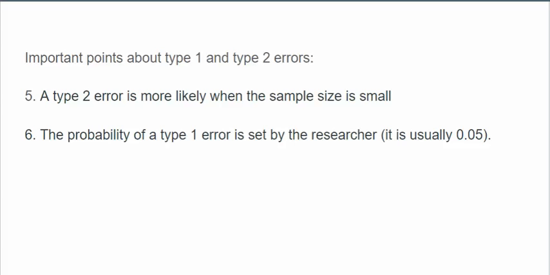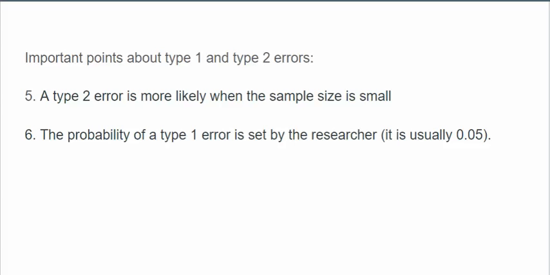The type 1 error probability is actually controlled by the hypothesis test. You'll see what I mean once we get to some examples, but when you do a hypothesis test, you set the probability of a type 1 error to a fixed level in advance, and it's usually set to 0.05.